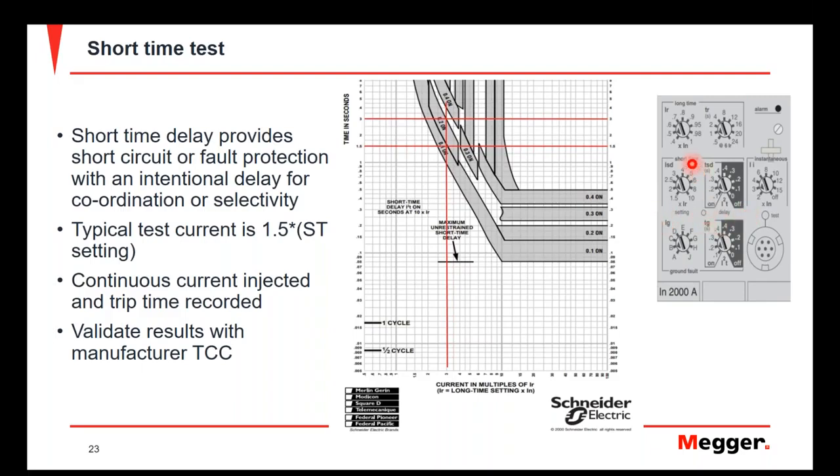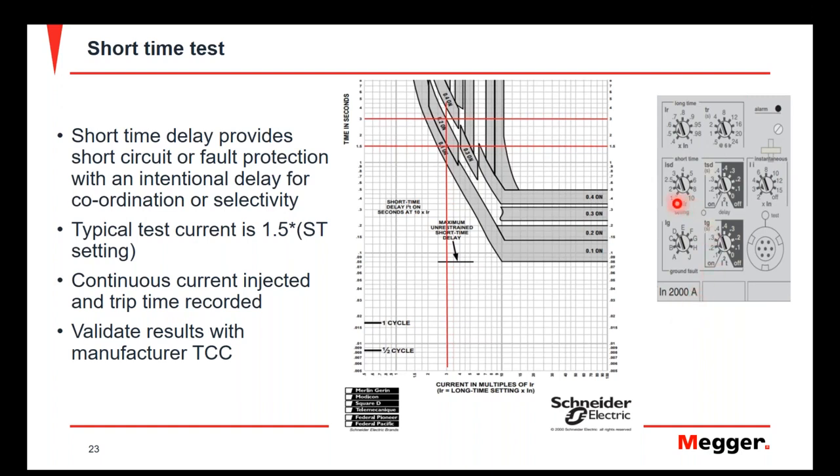And for our short time, the short time setting is set at 2, but this 2 times pickup here is not in reference to the frame rating like long time is. It's in reference to the long time setting. So the long time setting, like we said before, was 1000 amps because it's 0.5 of 2000, or half of 2000.